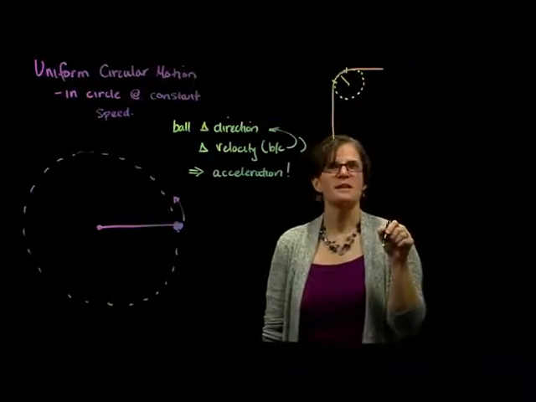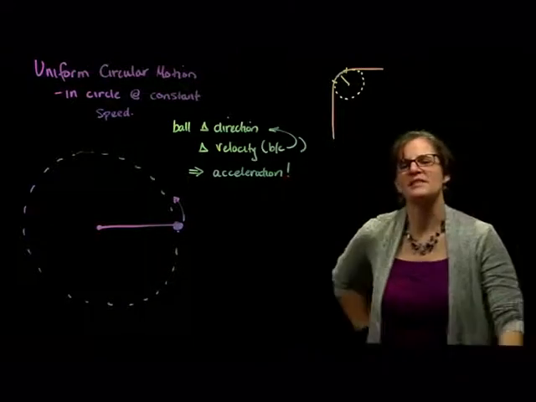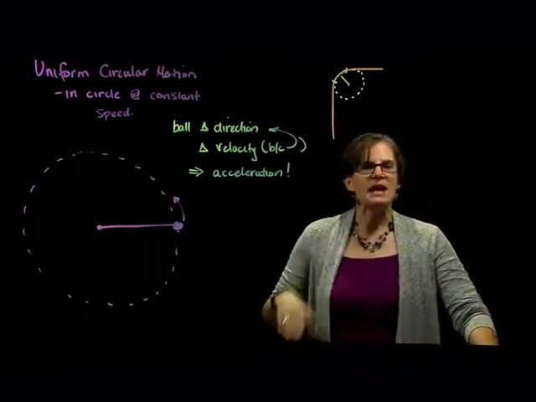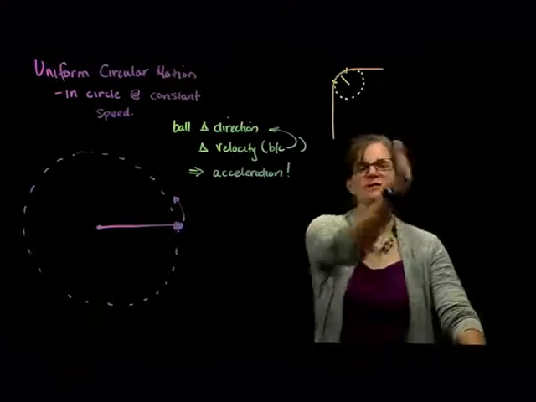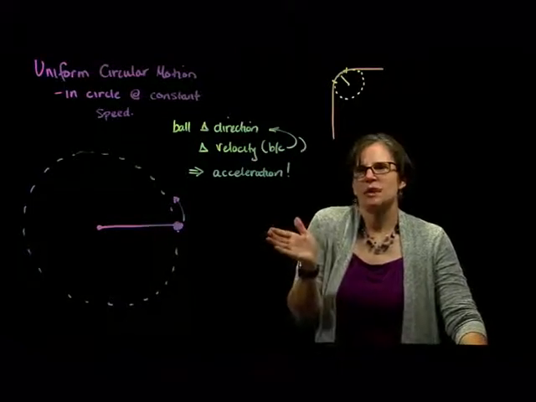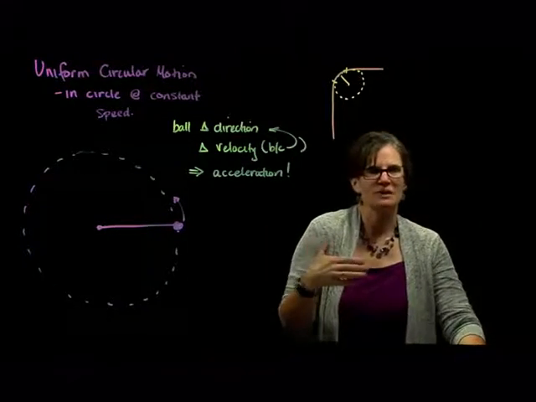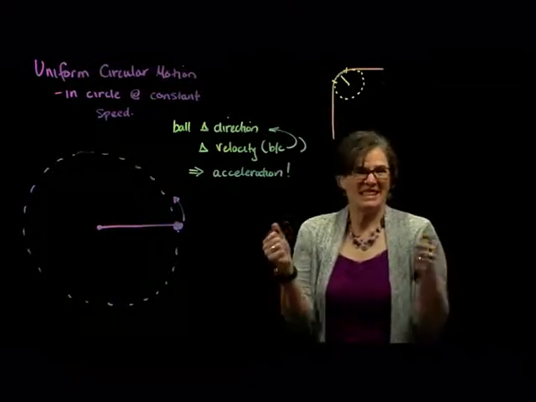Now, let's imagine that we're moving along and see if we can come up with some of what this acceleration is related to. You're on the country roads of Wisconsin, and you're going around beautiful curvy country roads. How do you feel when you go around really tight curves versus really gradual curves? Well, it's a lot harder to keep your car on the road.